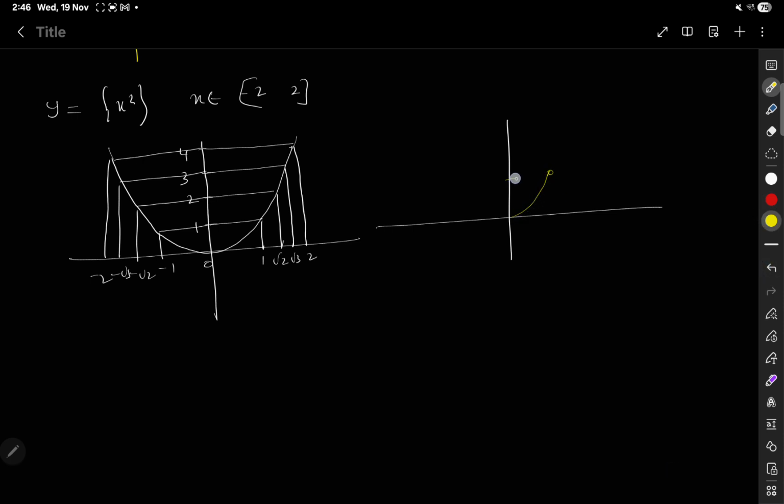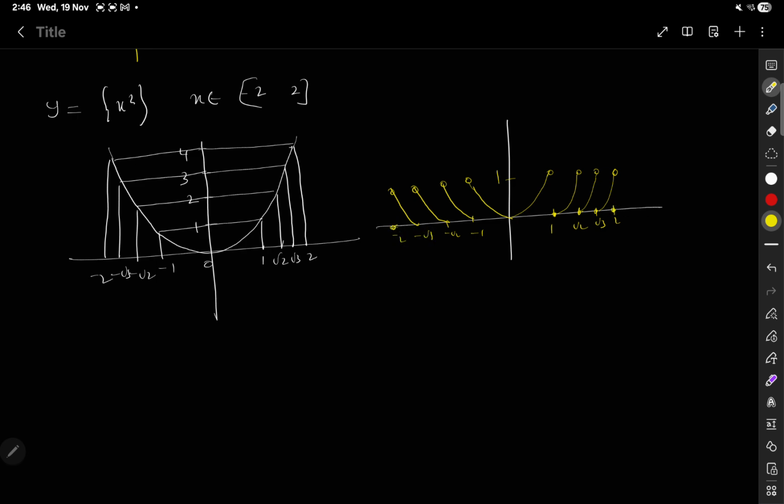At 1, what is the value? 1. What is step of 1? 0. That's why it came here, not here. This is root 2, this is root 3, this is 2. Darken on the integers. Here also it will be the same. And this is minus 1, minus root 2, minus root 3 and minus 2.